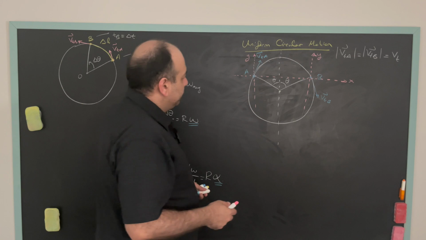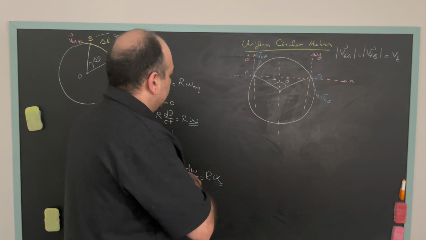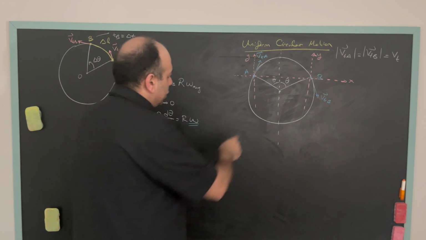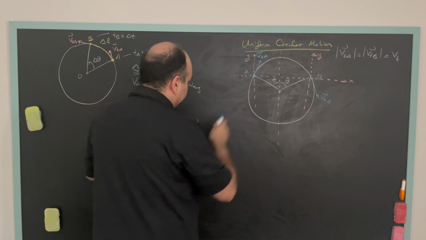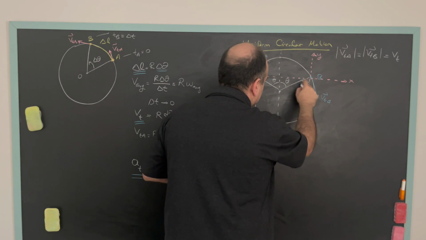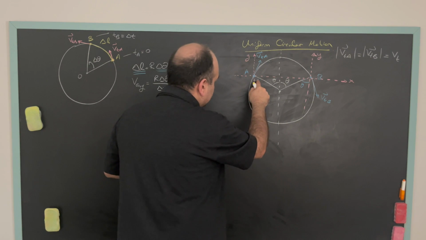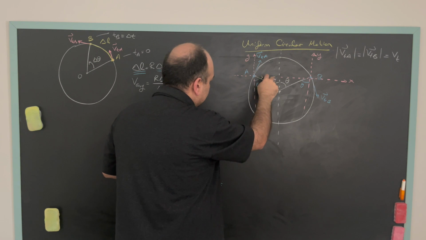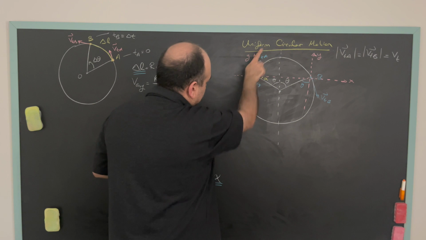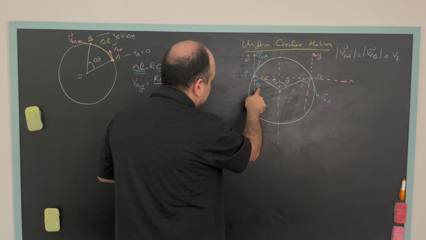To do that, we need to find the components of these velocities. That's why I drew the y and x coordinate system. If this angle is theta, let's do it fast. This angle is also theta, and this angle is also theta. Let's define another angle: this is theta, this is 90 degrees, so let's call it alpha. The radius vector and the tangential velocity are perpendicular to each other, and alpha plus theta is 90 degrees.